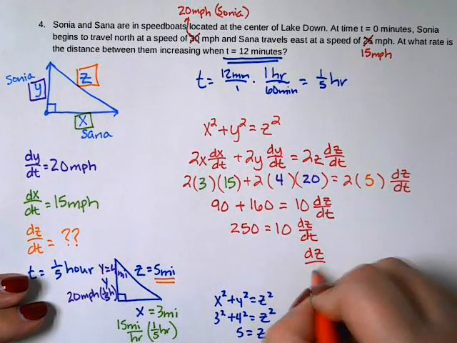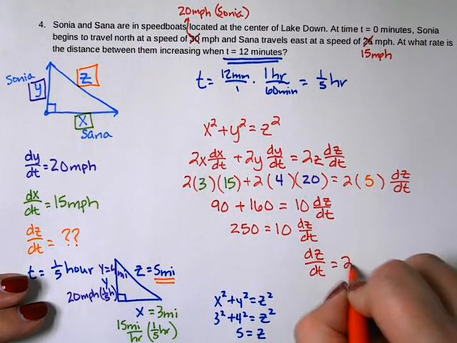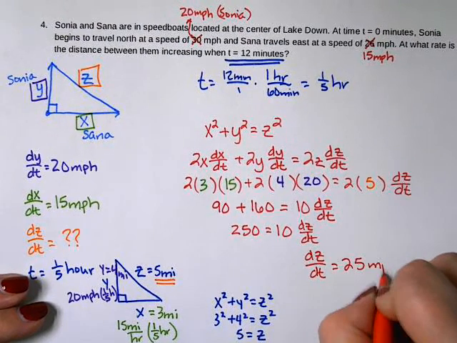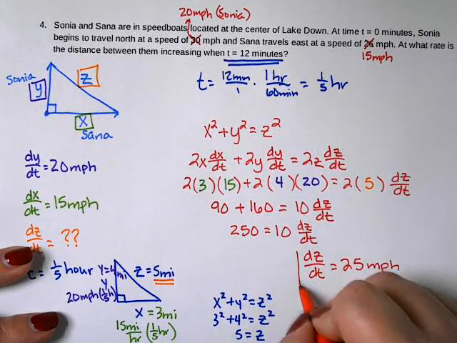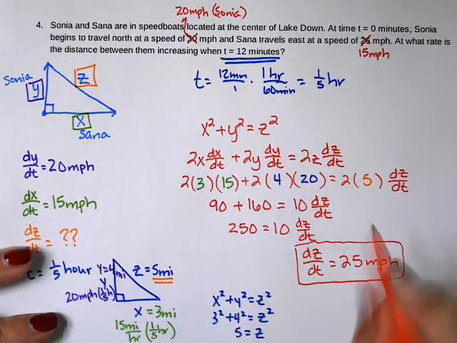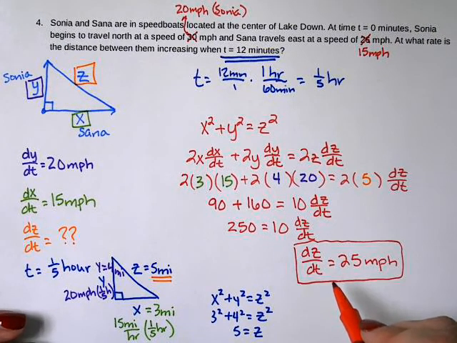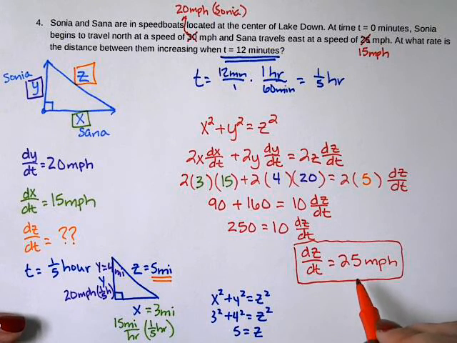So I get dz/dt is equal to 25 miles per hour. So the rate at which the distance between the two boats is changing is 25 miles per hour.